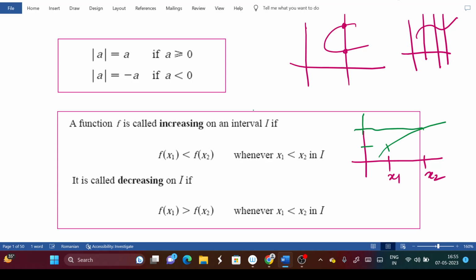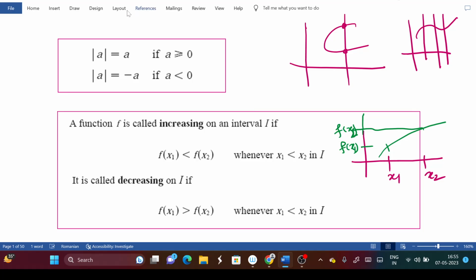So here we can observe that x2 greater than x1 implies f of x2 is also greater than f of x1. If this is true for any 2 points x1 and x2 in the interval, then that function is said to be increasing.